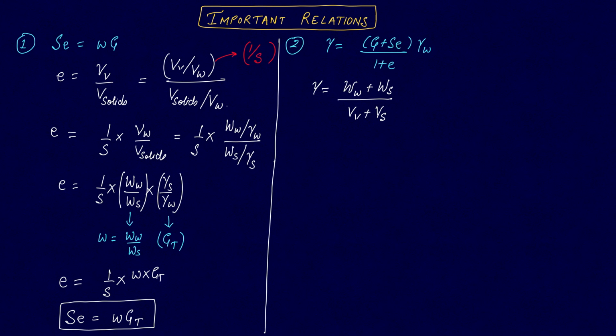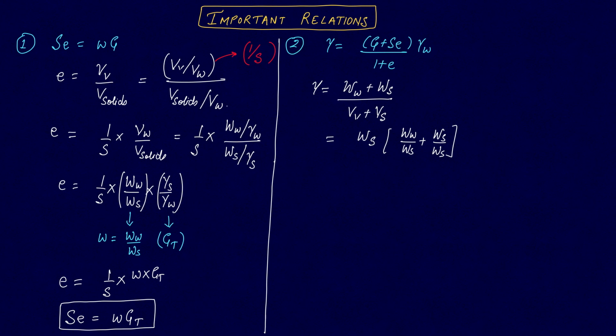Yes or no? Now from here just take Ws common. So here you will see that Ww upon Ws will be in the bracket, and the second term will be Ws upon Ws.